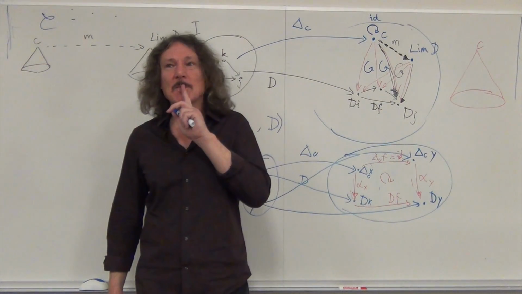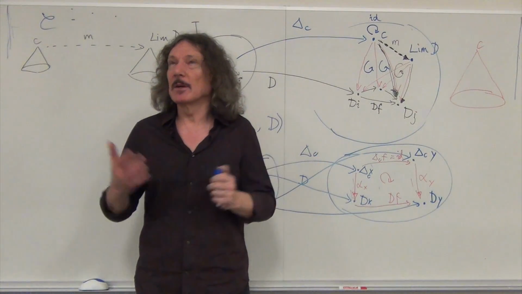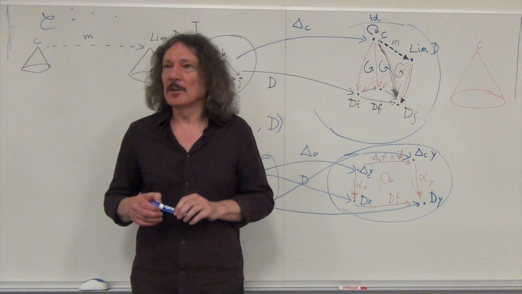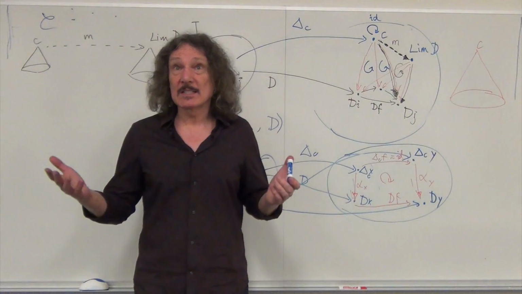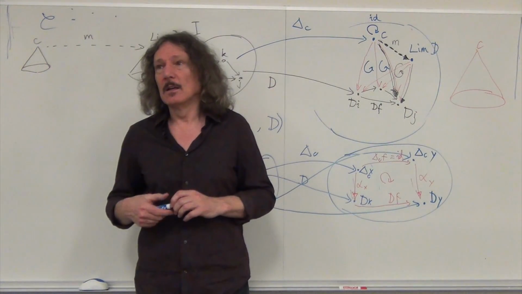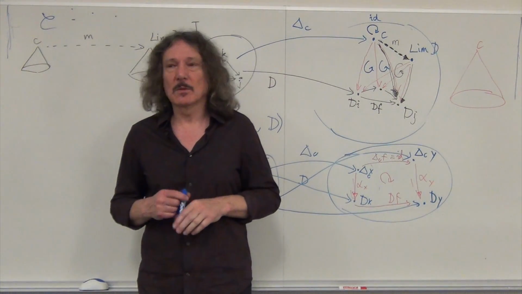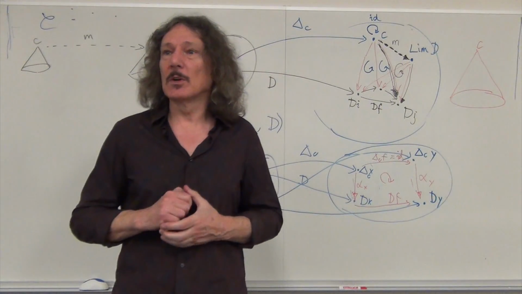Maybe cones form a category. I mean, what's a big deal with a category? To define a category, you just have to define what the objects are. In this case, cones, okay? And morphisms.